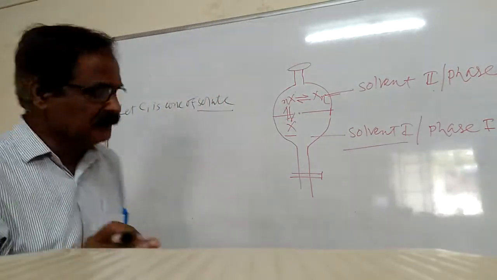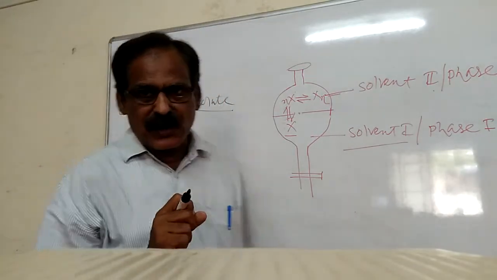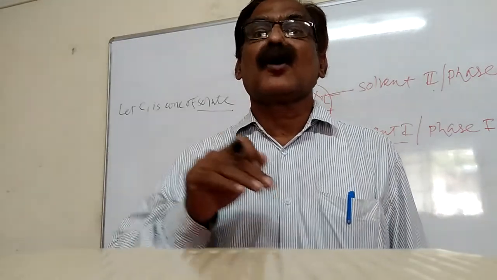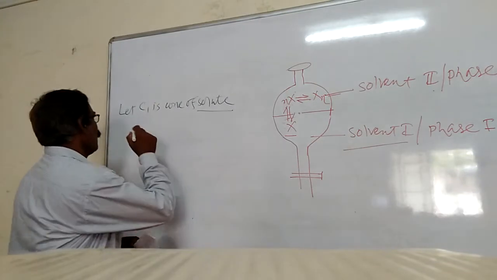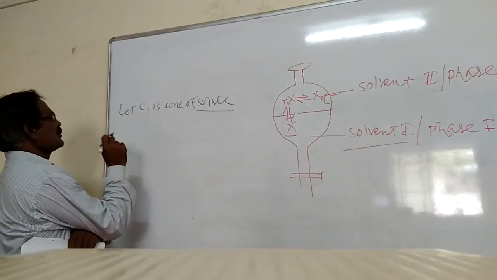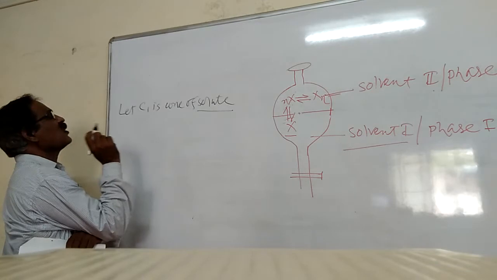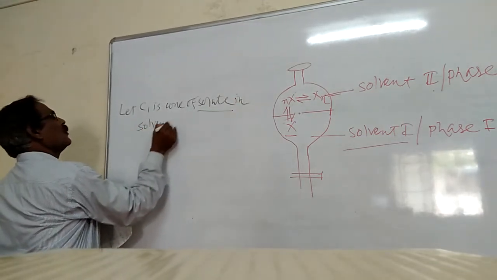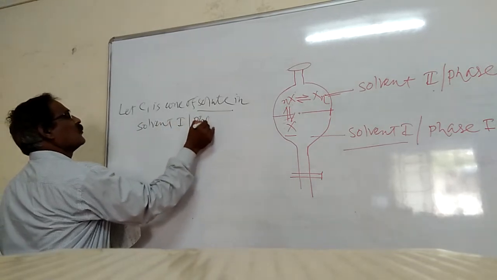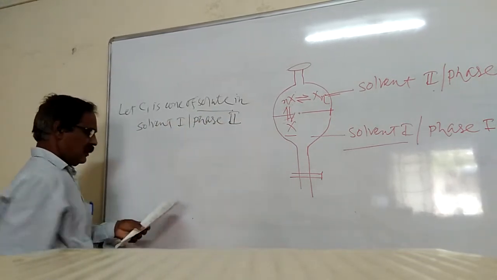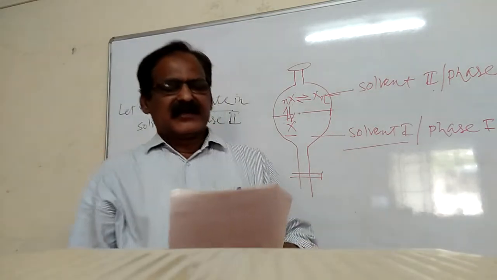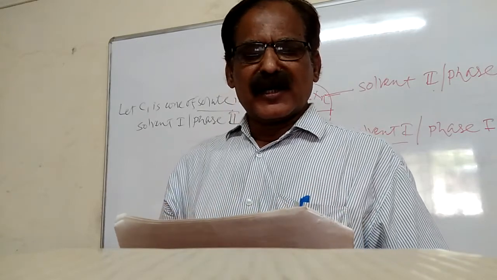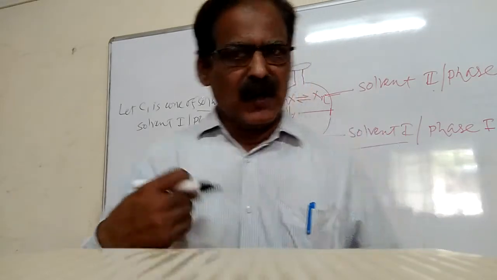So let us suppose C1 represents the concentration of solute in solvent 1 or phase 1, and C2 represents the total concentration of the solute in solvent 2.